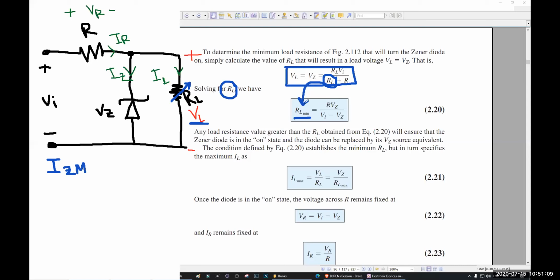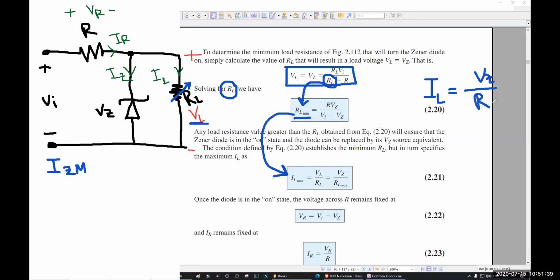If we get the minimum RL, that means you have the maximum IL. Minimum RL means minimum resistance means maximum current. IL maximum is equal to VL divided by RL minimum. Got my point? IL is equal to VZ divided by RL.